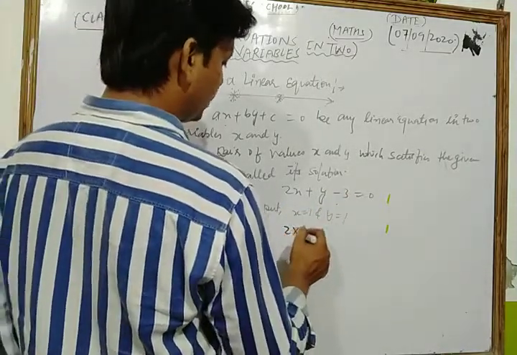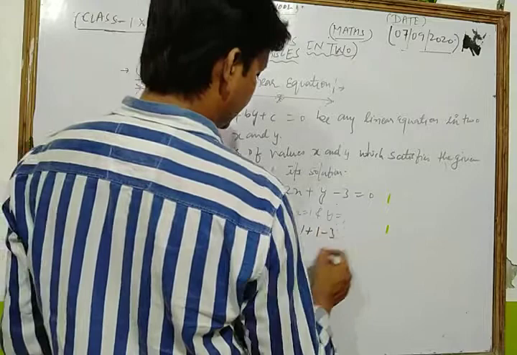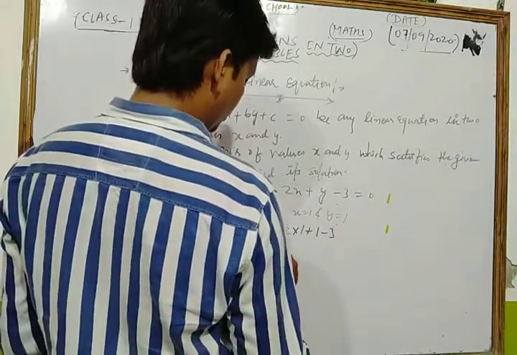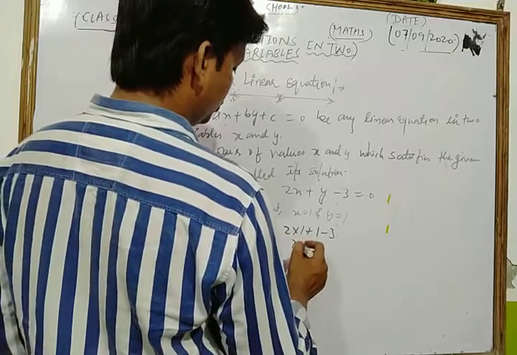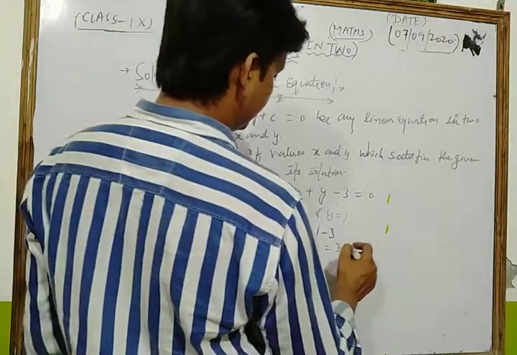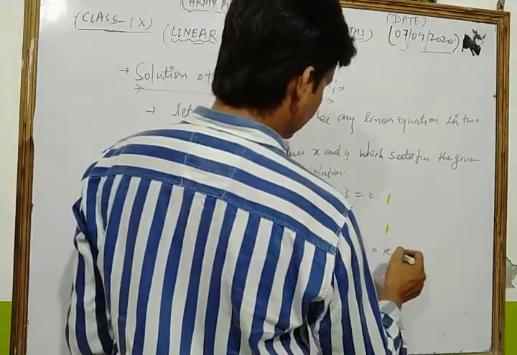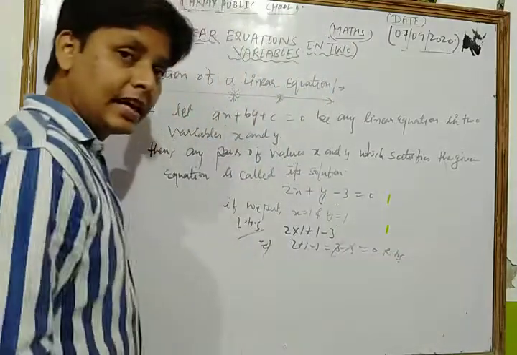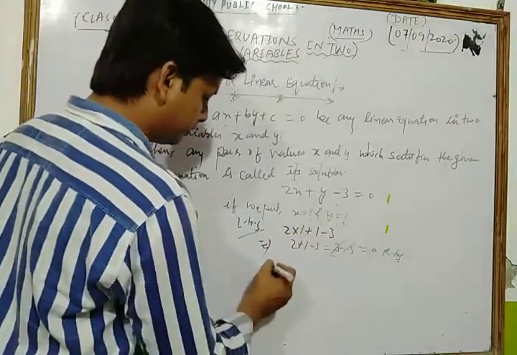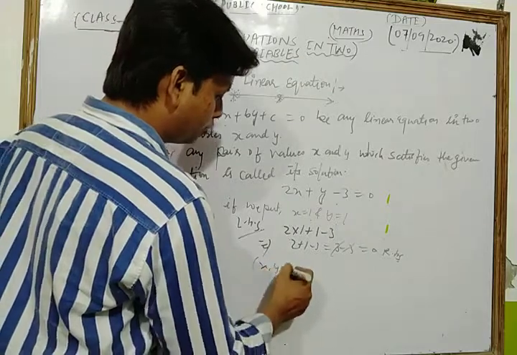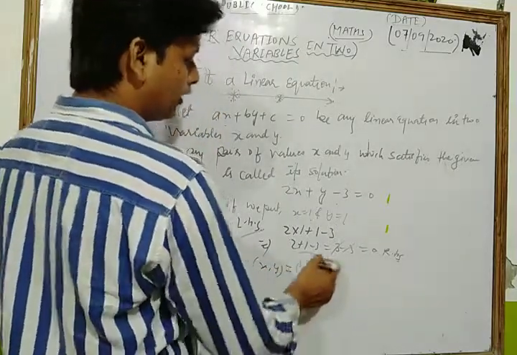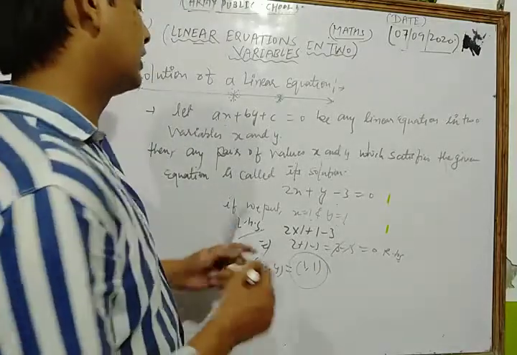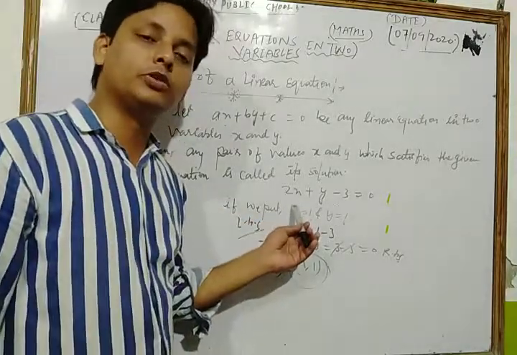We get 2 into 1 plus 1 minus 3, so in the left hand side 2 plus 1 minus 3, that is 3 minus 3, which is equal to 0. That is the RHS. So the pair of values x and y, that is 1, 1, is the solution of the given linear equation.